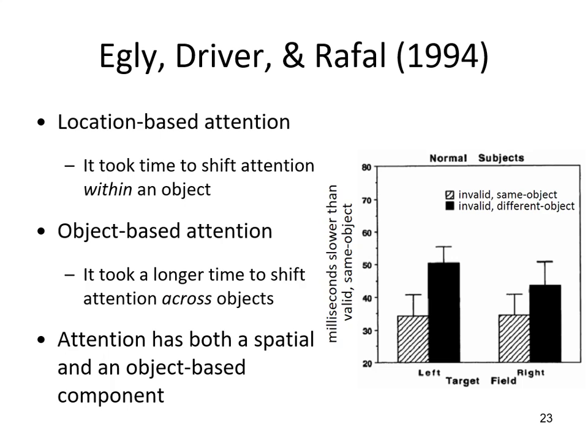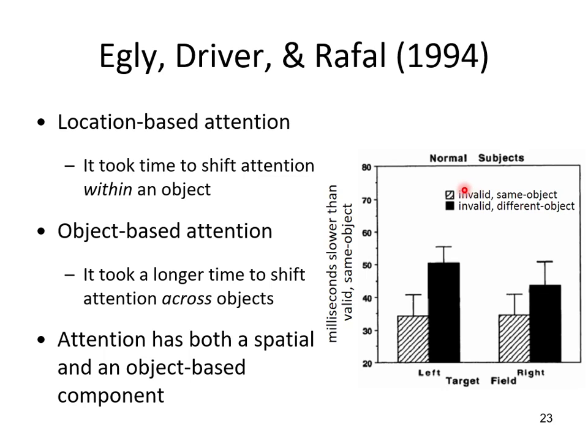So what do we have? We remember that this y-axis tells you how much slower the invalid conditions are as compared to the valid condition. We know that the valid condition is going to be the fastest, so we take it as the baseline to see how much slower each condition is.